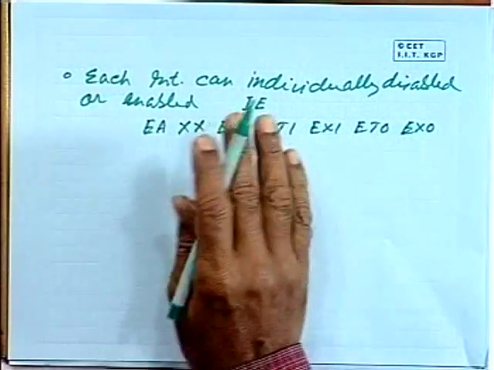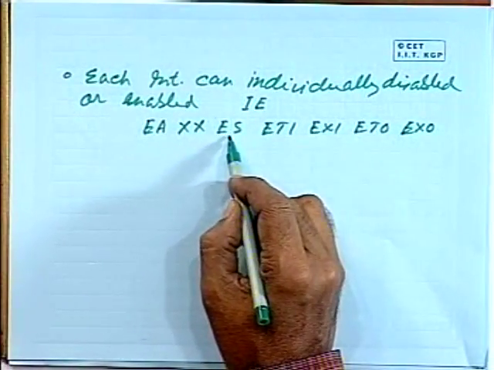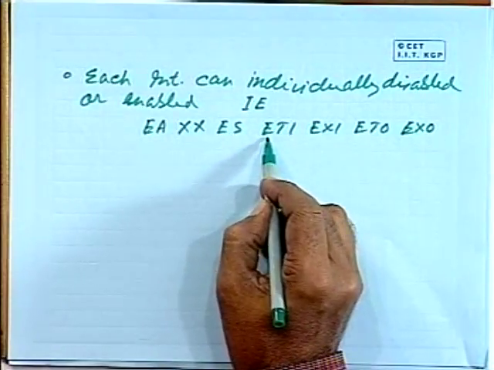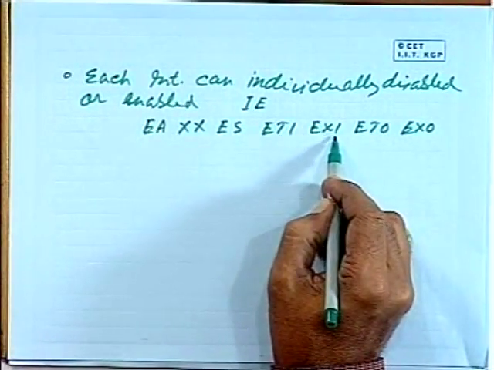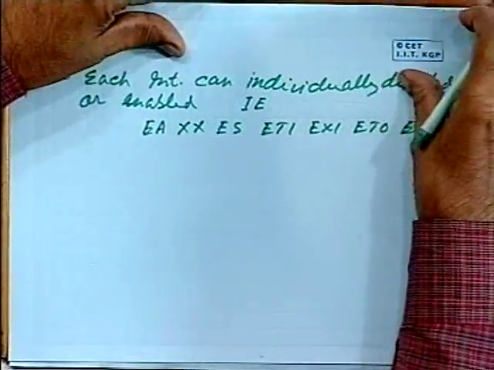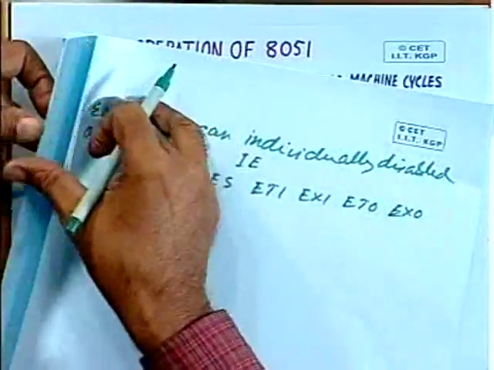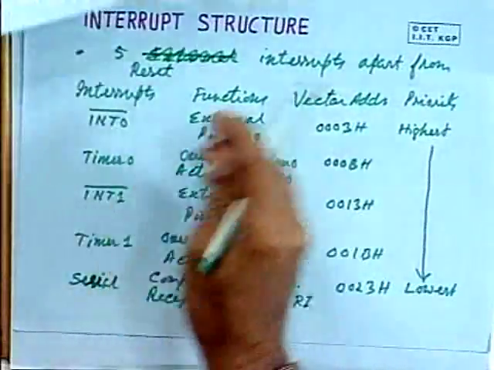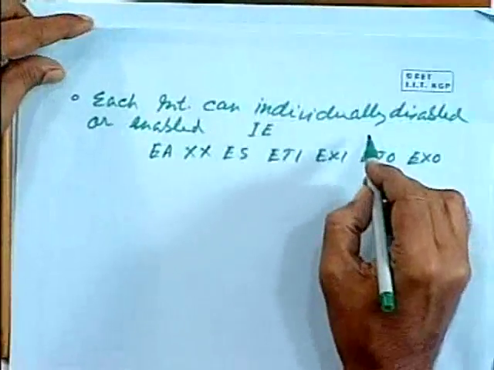If this is 0, the entire interrupt system is disabled. You can disable all the interrupts by making this bit 0. Similarly, ES stands for the serial interrupt, ET1 is the timer 1 interrupt. You can enable by setting it 1, you can disable by setting it 0. Similarly, EX1 is external 1, and EX0 is external 0, and ET0 is enable timer 0.